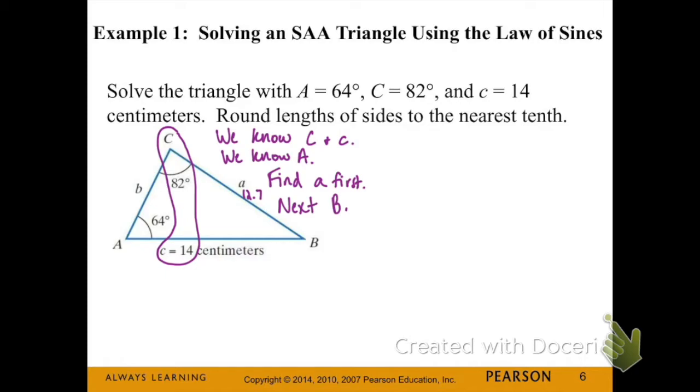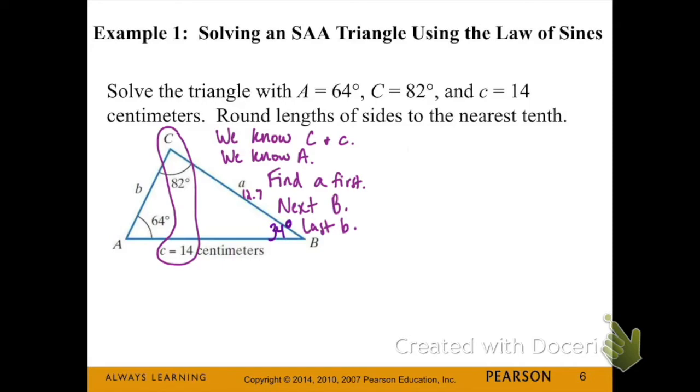Next, we're going to find angle B. That's going to be pretty easy because we already know 2 of the angles in our triangle. If we just take 180 minus 64 minus 82, we get angle B to be 34 degrees. The last part that we have left to solve for is side b.